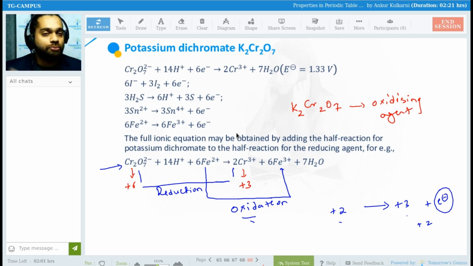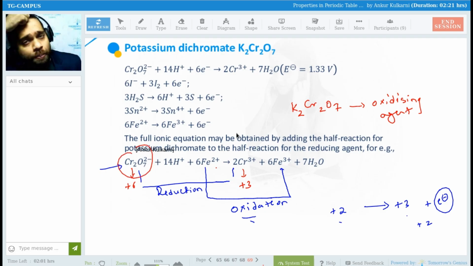So what is important? I will tell you a hack for this. Very important, you should know the common oxidation states. Like Fe, there are two common oxidation states, plus 2 and plus 3. It cannot go to plus 4. So no matter what oxidizing agent you use, your Fe²⁺ will always go to plus 3.